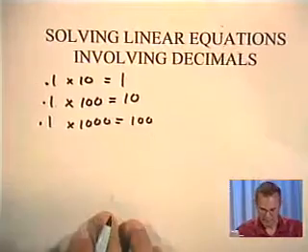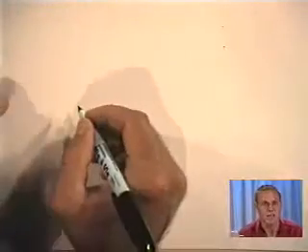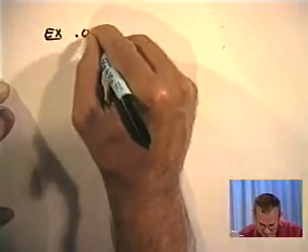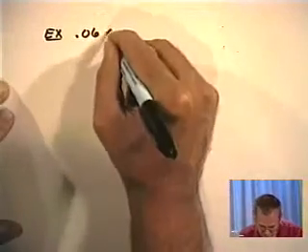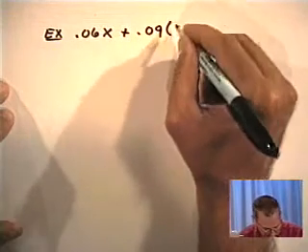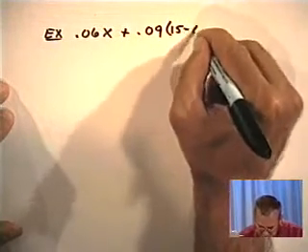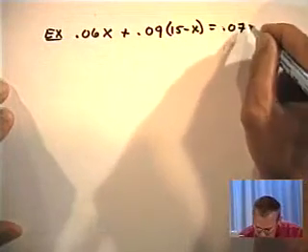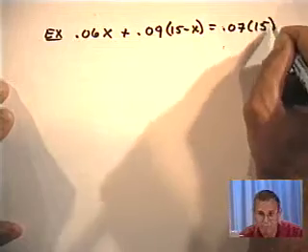Okay. Now, let's do an example of a linear equation that involves some decimal numbers. How about 0.06x, x will be my variable, plus 0.0915 minus x equals 0.07 times 15.